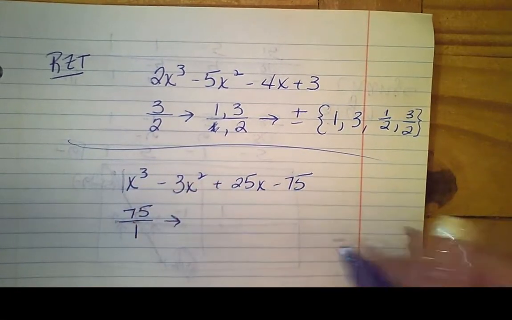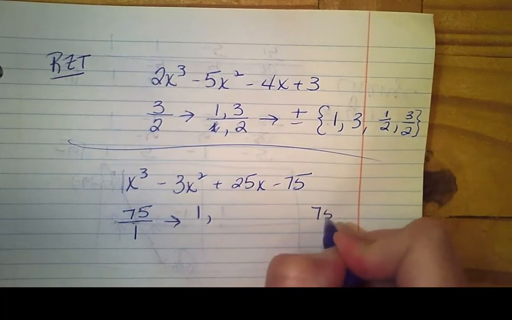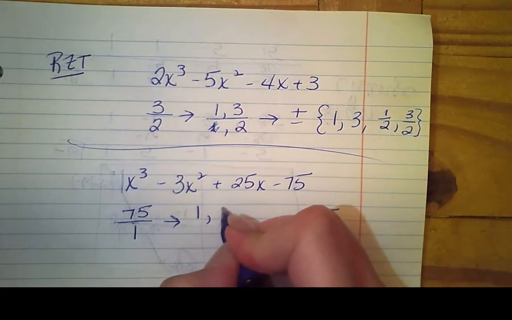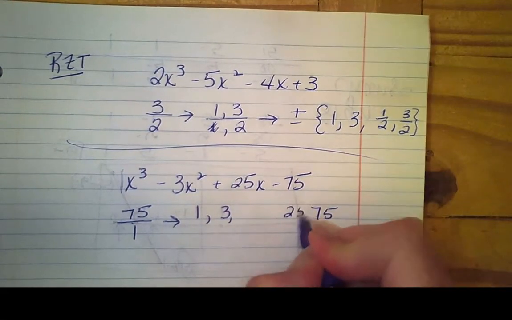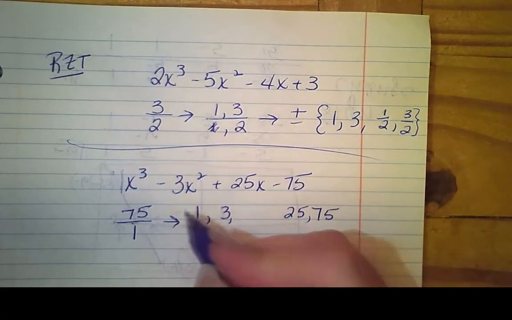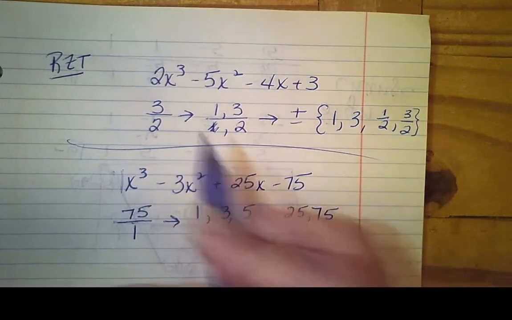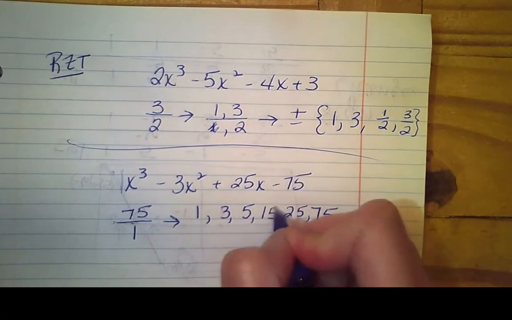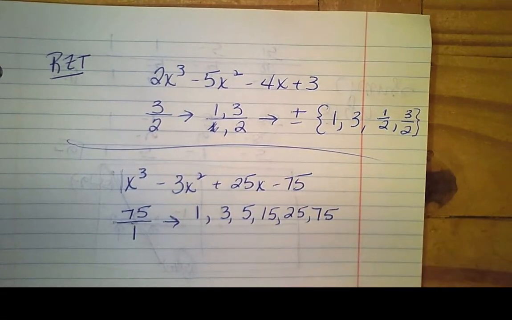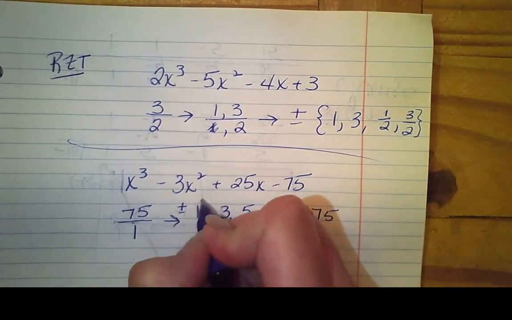So numbers I can multiply together to get 75 will be a 1 and a 75, a 3 and 25, a 5 and 15. And then that's it. Since it's just over 1, that's pretty much it.